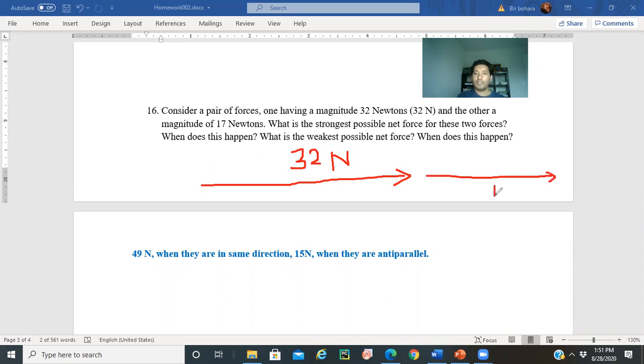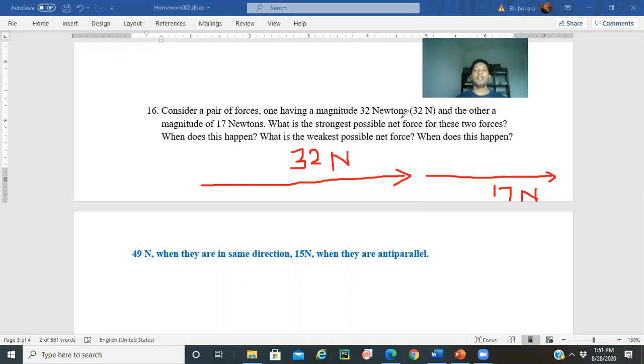This is 17 Newton. So if you add 32 Newton and 17 Newton, then it will come to 49. So 49 is the maximum or strongest possible net force because of these two vectors, two forces.